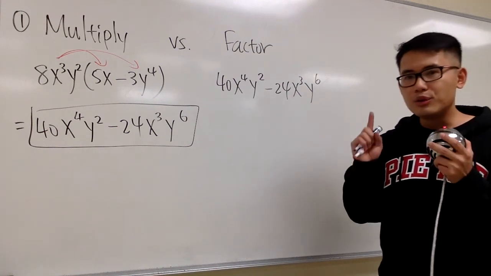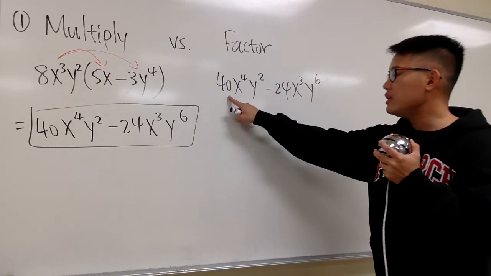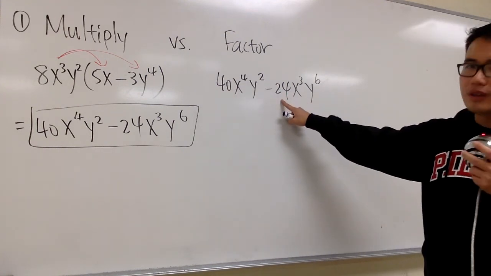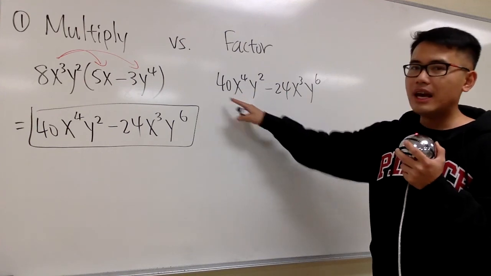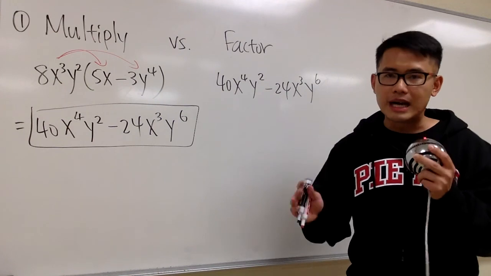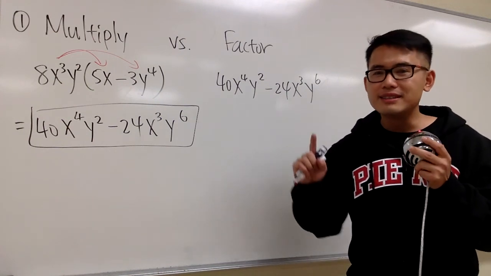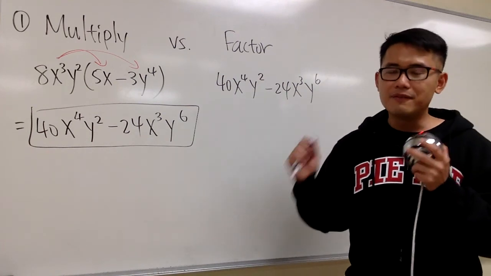And now we are going to look for a common factor, namely a number that goes into 40, and the number should also go into 24. For example, we know 4 goes into 40, and 4 also goes into 24, right? So 4 will be considered a common factor. However, it's not the greatest one. We need to factor out the greatest common factor.